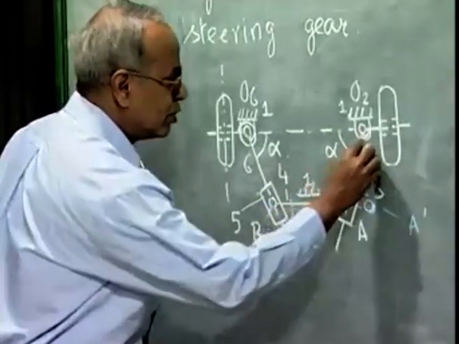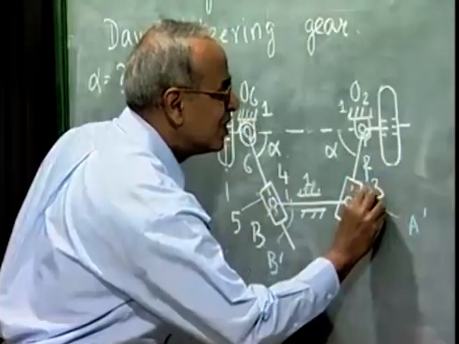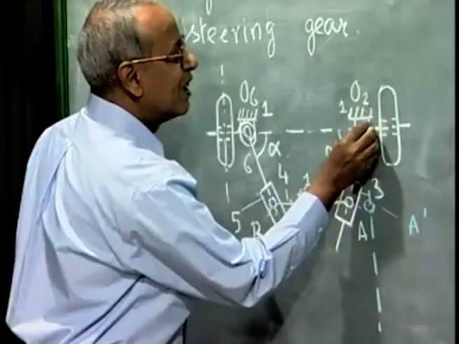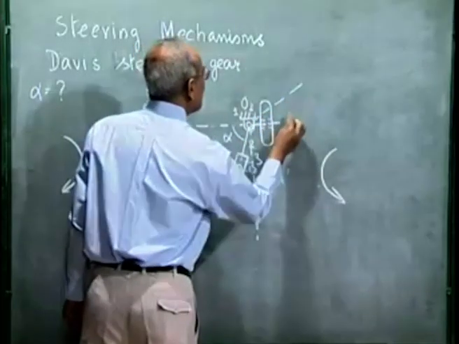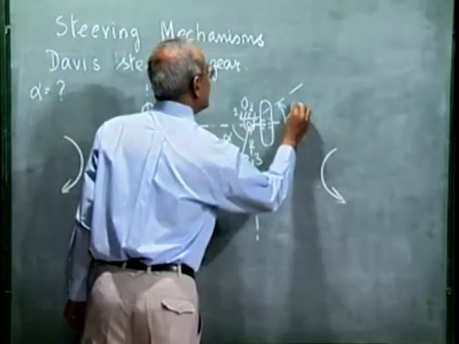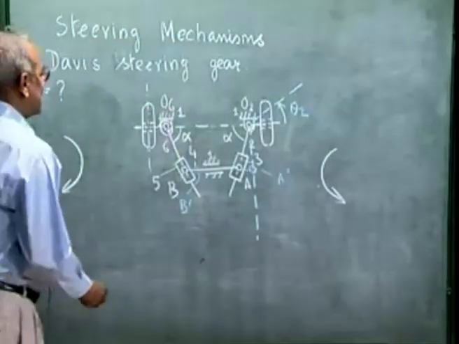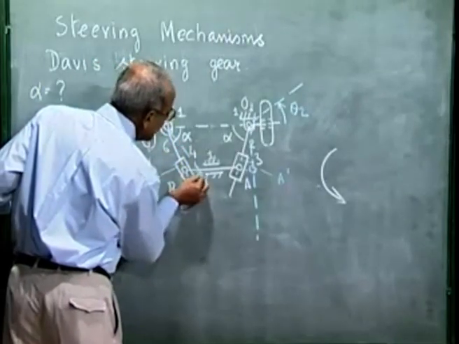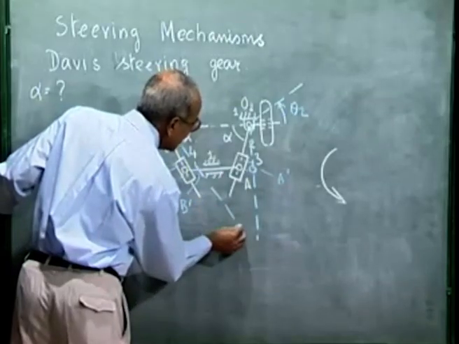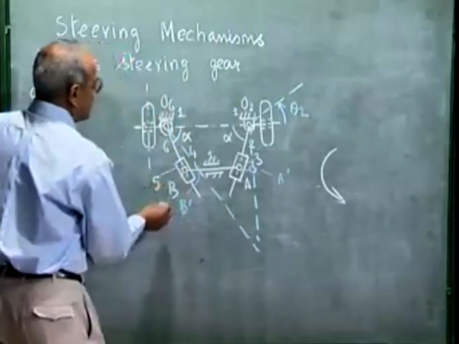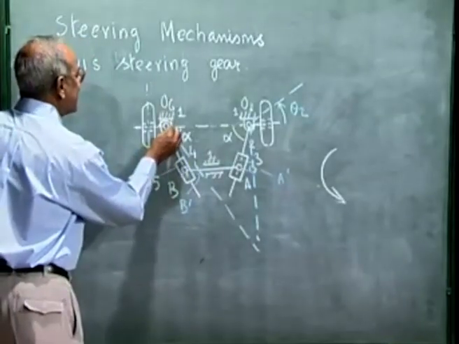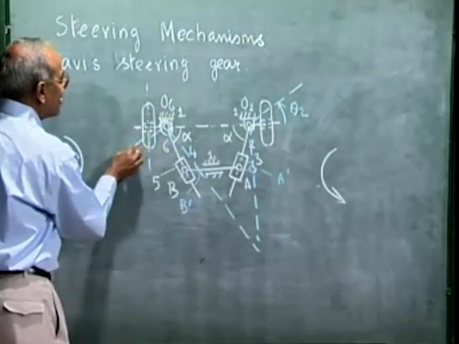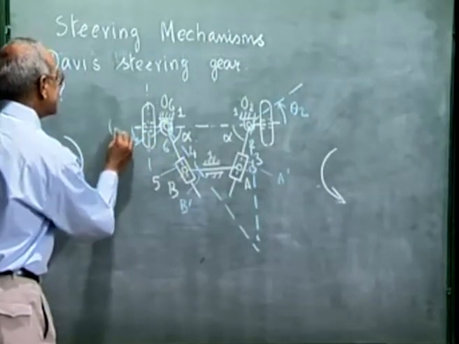Consequently, this link 2 rotates by theta 2, and if I join O6 with B prime, link 6 has rotated by this angle, which is theta 6.